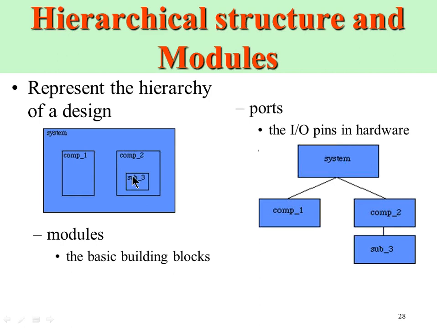Sub 3 will be a separate module, Comp 2 will be a separate module, Comp 1 will be a separate module, and system will be a separate module. Each module will have logic related to that particular level of design. And each module can have its own input and output ports, which will help us connect various modules together. Using this approach, we can build a hierarchical design.